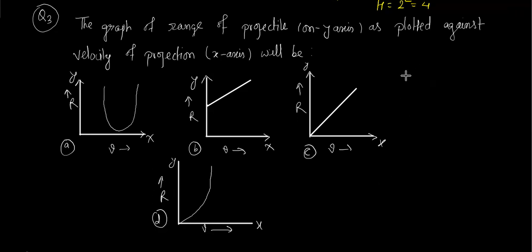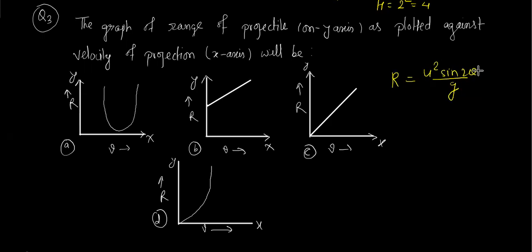First of all, let's write the expression for range. This is equal to u square sine 2 theta by g.